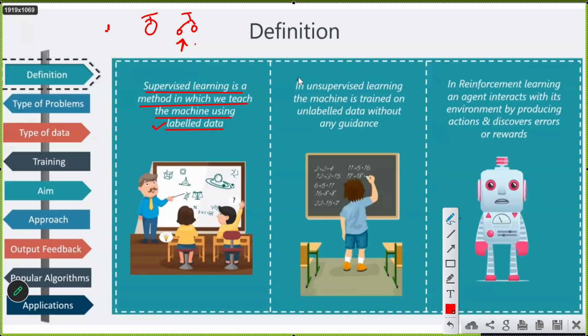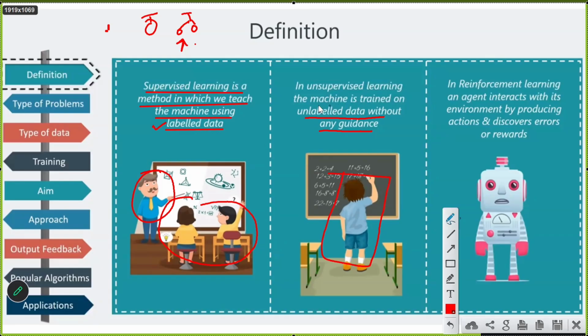In unsupervised learning, the machine is trained on unlabeled data without any guidance. For example, in childhood, our teachers used to sit with us and guide us. But once we grow up, we try to learn things on our own.